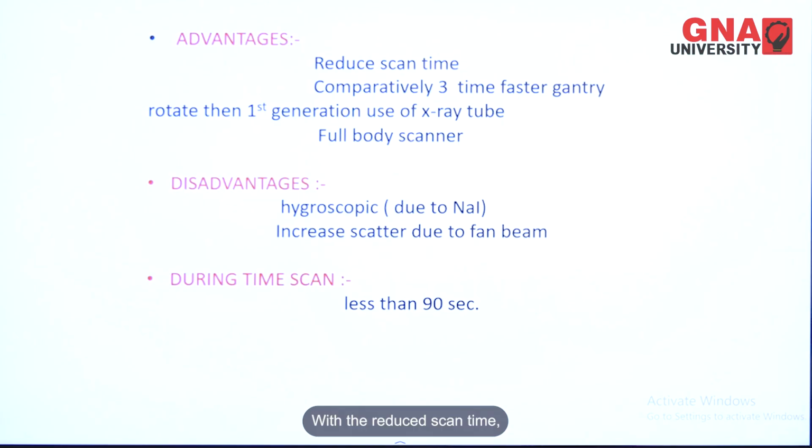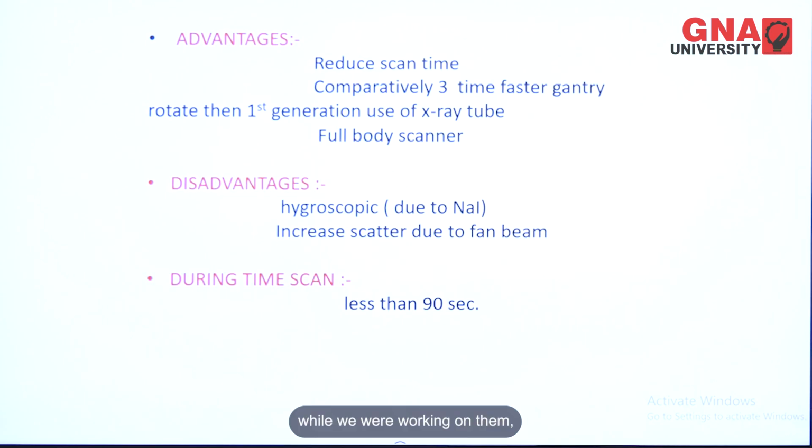With the reduced scan time, we were now able to image the whole body rather than being confined to brain scans. Now coming to the disadvantages, again the detectors that were used were sodium iodide detectors, and those detectors have a hygroscopic nature.